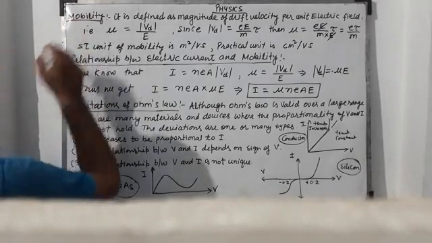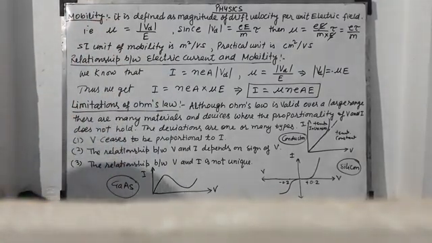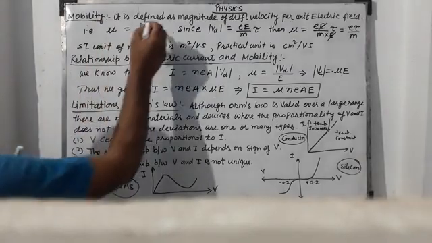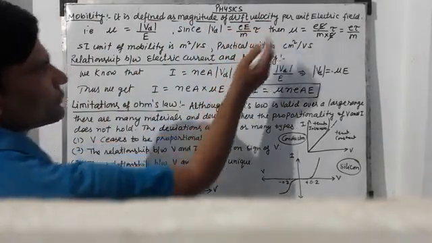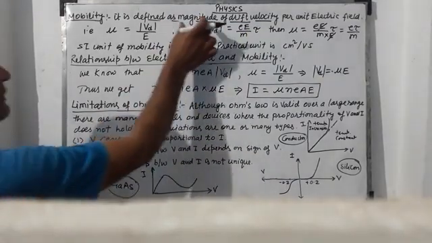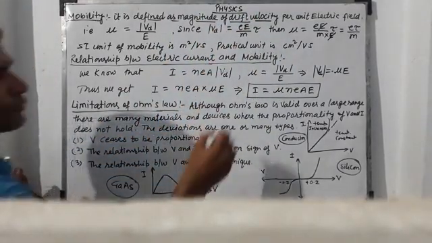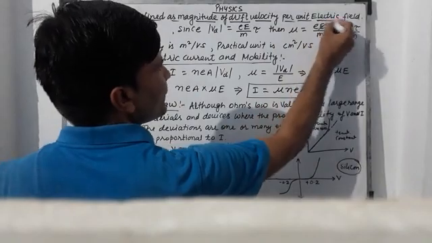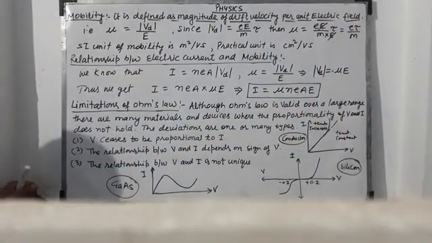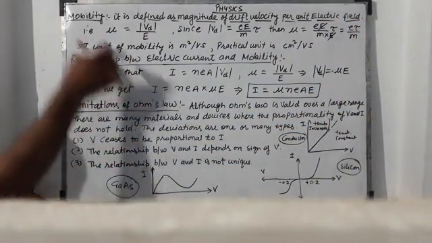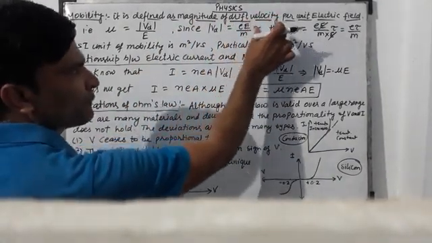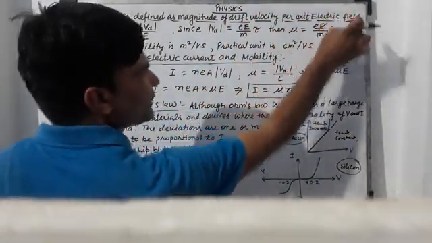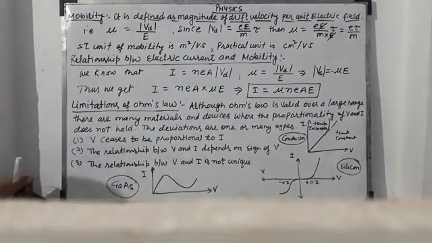Mobility. Mobility of a material is defined as the magnitude of drift velocity per unit electric field.